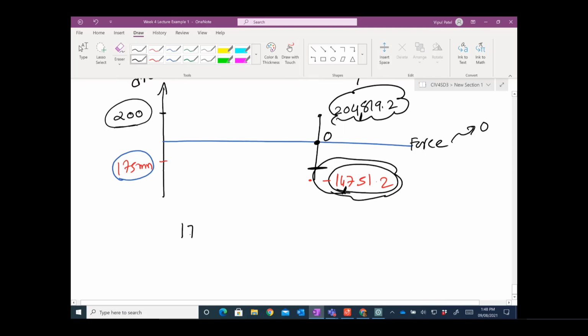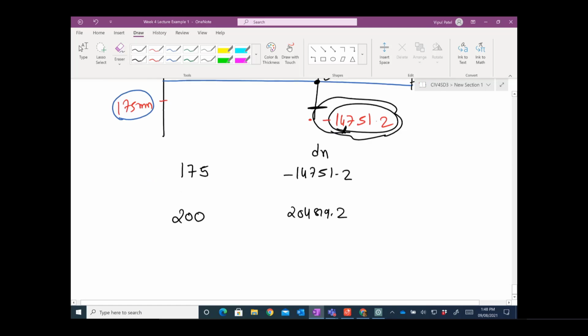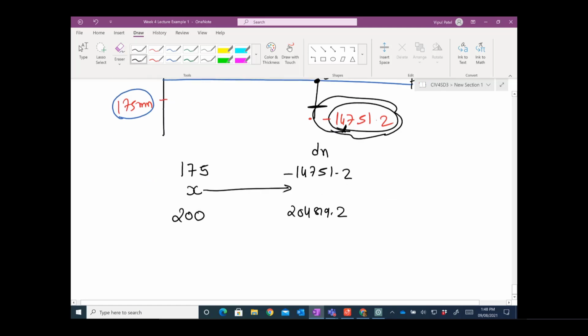Let's say you have 175 millimeters, you get minus 14751.2 newtons. If I have 200, then you have 204,819.2. Interpolation: what would be the dn value when we get 0? That's the question, right?